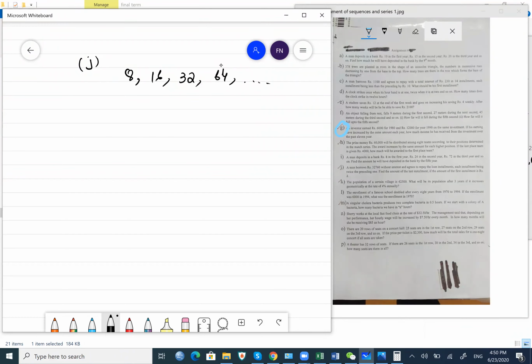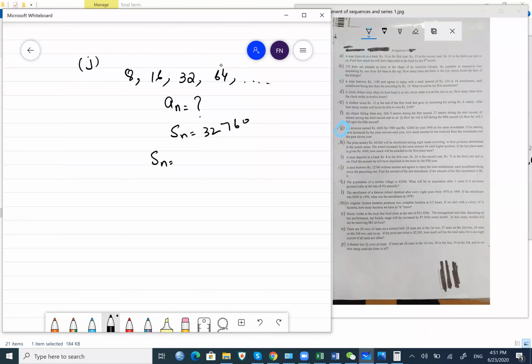We need to find the amount of the last installment, which means we need to find an. The man borrows rupees 32,760, so what is Sn? Sn is 32,760, right?